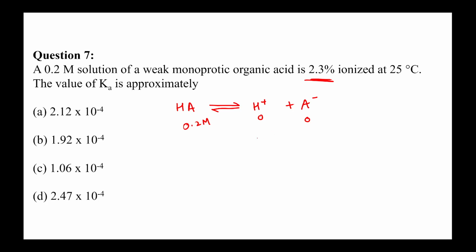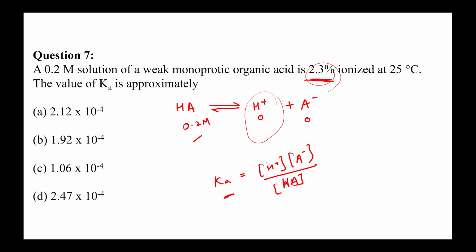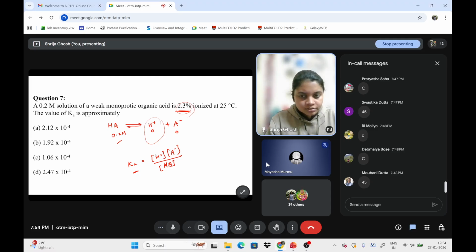Starting concentration for these two will be 0. Final concentration you can calculate based on this, and based on that you will have a final concentration for H plus ion, and based on all this information you can define Ka as H plus ion concentration times A minus concentration over HA concentration. Then you can calculate Ka. So try solving it. If anyone is able to solve it, good. Otherwise I'll show you the solution.